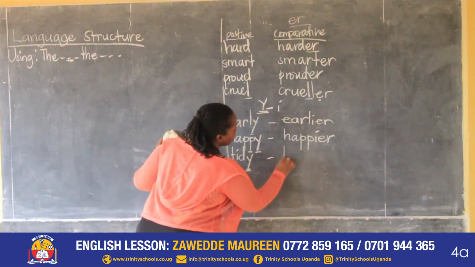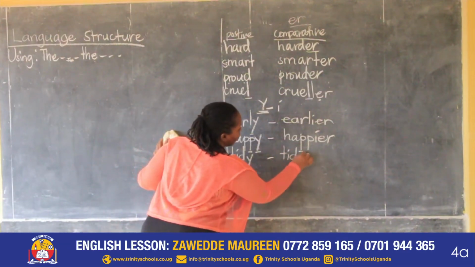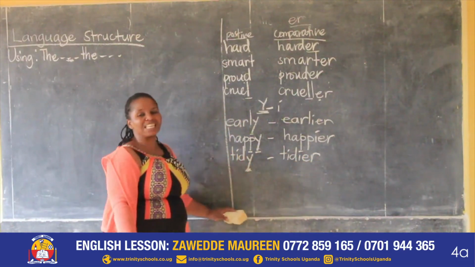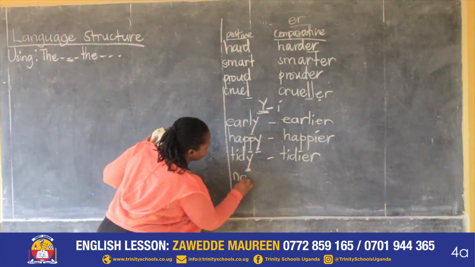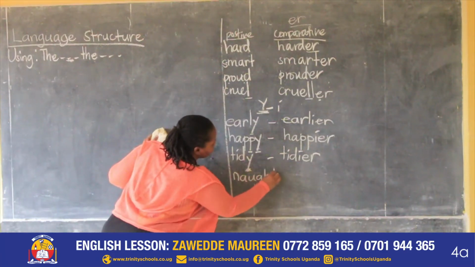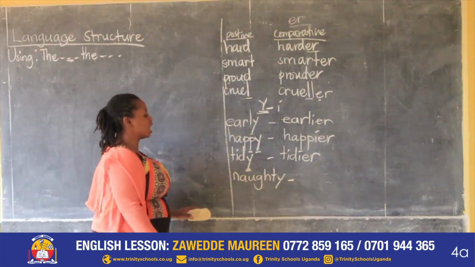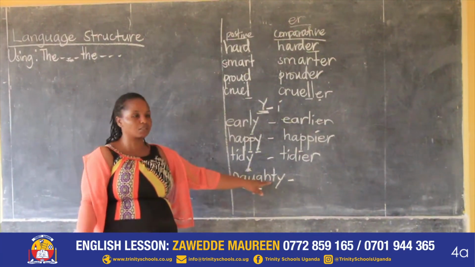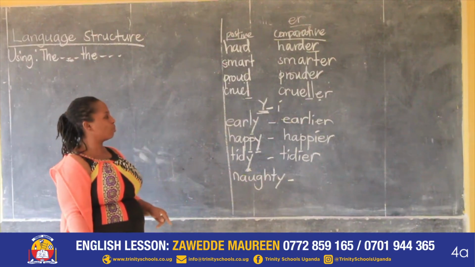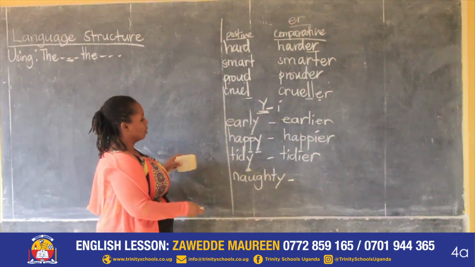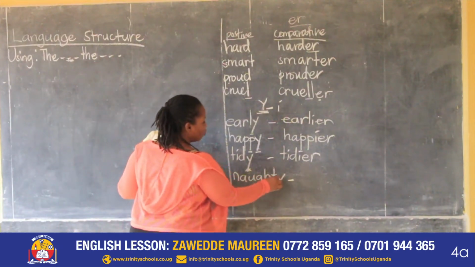So I'll say tidier, like this, tidier. Our classroom is tidier than theirs. Then we have the word naughty. Naughty also falls in this category. The word naughty has two syllables. Someone may ask, how do I change it?